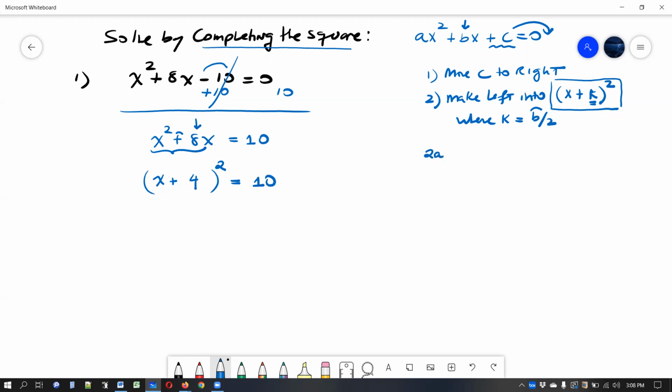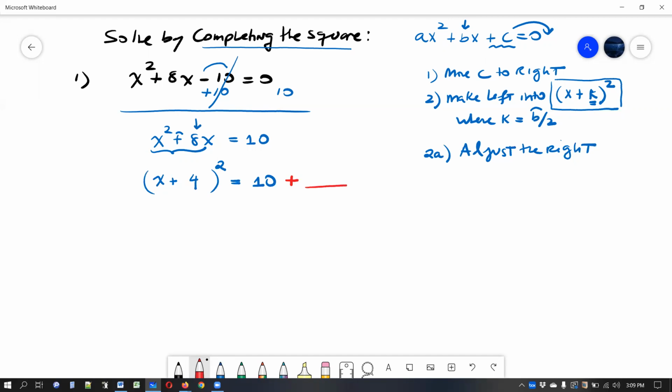Still in the same process, still step 2, we are going to adjust the right side. Okay, this is called completing the square. The adjustment is always going to have a plus sign here. This plus sign has nothing to do with this plus sign. This is always plus.